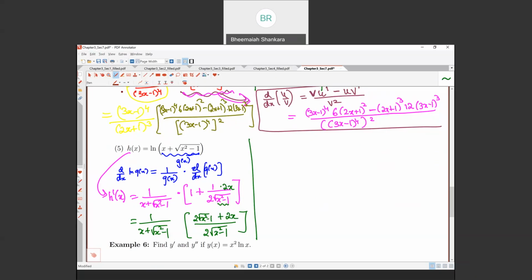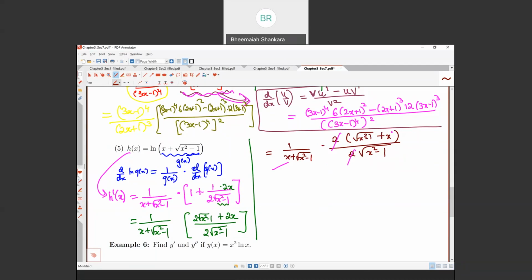Now you're good to rewrite this as 1 over x plus square root of x squared minus 1 times, you can factor out 2, square root of x squared minus 1 plus x, and in the denominator you have 2 times the square root of x squared minus 1. Now you see that you can cancel 2, and you can cancel this term.